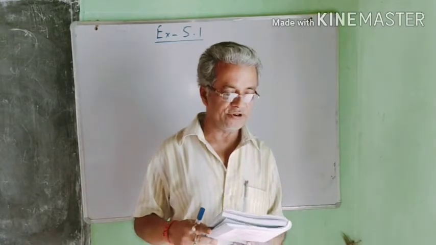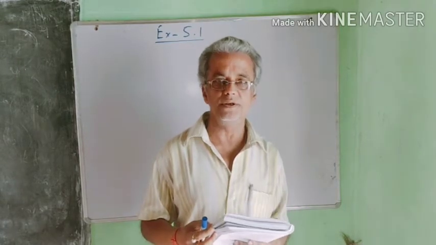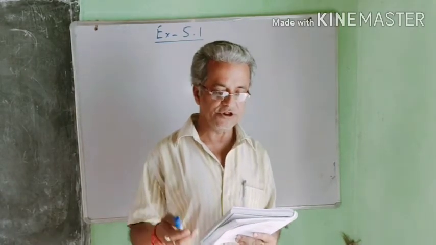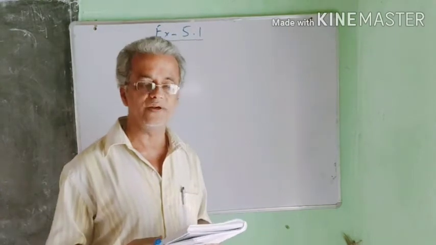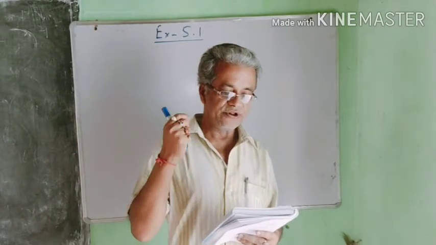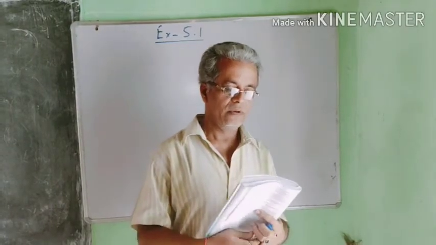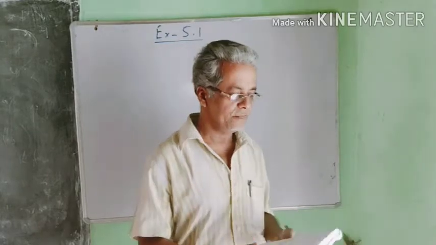Question number 4 is, if a point C lies between 2 points A and B such that AC is equal to BC, then prove that AC is equal to half AB, and also C is the midpoint of the line segment AB. So let us draw the line segment.